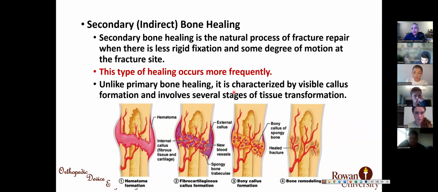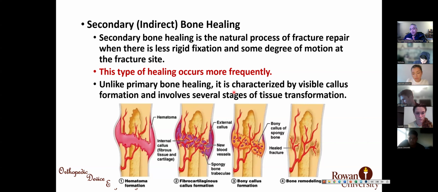And this strain at the fracture site promotes gap healing, secondary healing. And this secondary healing or indirect healing is what we need because it is fast, it is stronger, and it is more physiological.